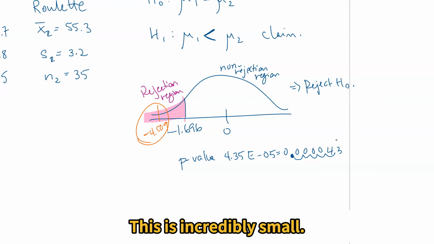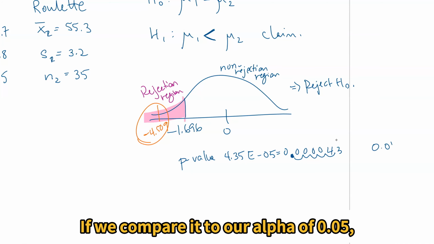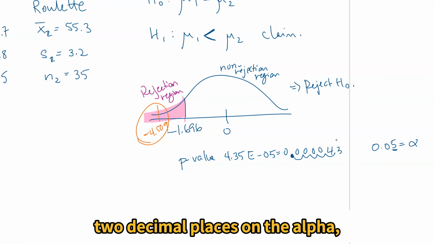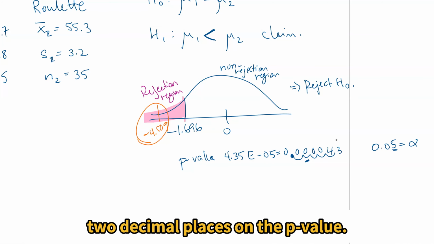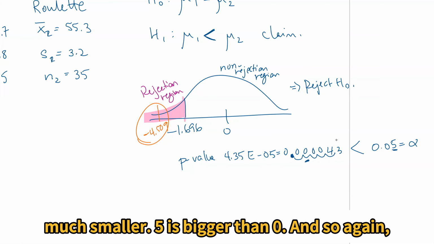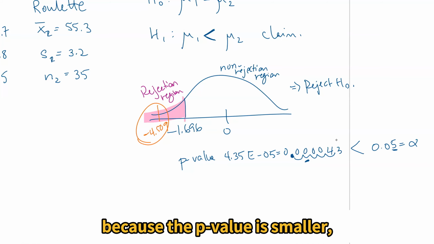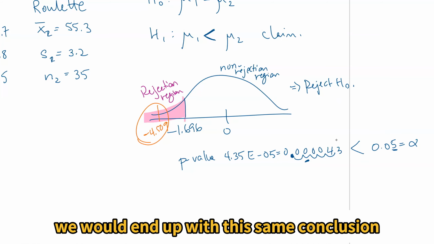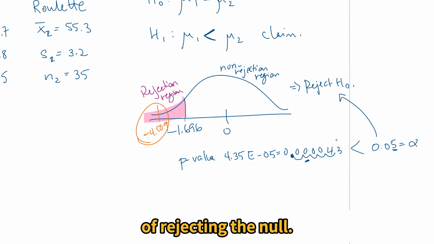This is incredibly small. If we compare it to our alpha of 0.05, 2 decimal places on the alpha, 2 decimal places on the p-value is much, much smaller. 5 is bigger than 0. And so again, because the p-value is smaller, we would end up with this same conclusion of rejecting the null.